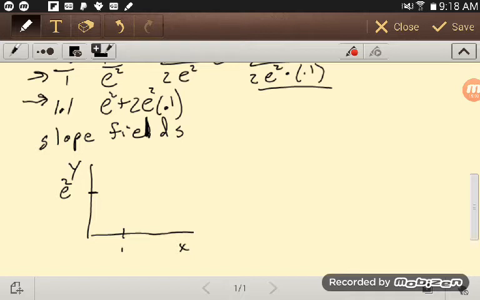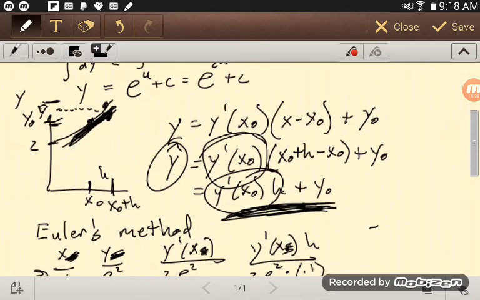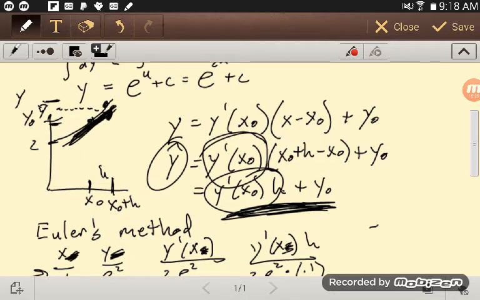Now, e is 2.718 and so forth, so e to the 2, that thing squared, is somewhere around 7 or 8, and then times 2 is 14. That's a very steep slope by that time, and at that point I know that I have a very steep slope. I didn't draw it very well here. It doesn't look like it's that steep, but this is the same picture.